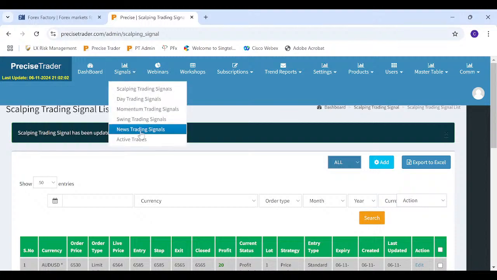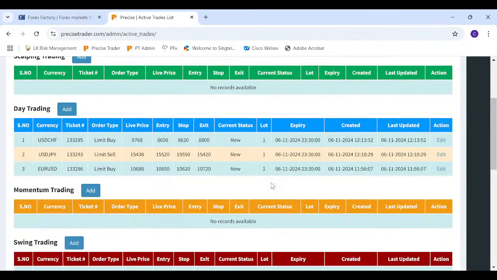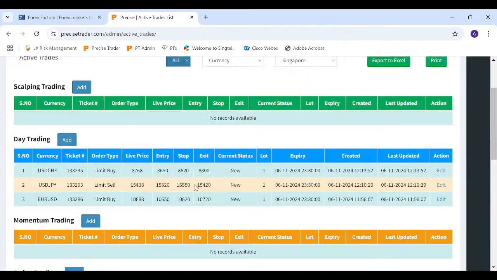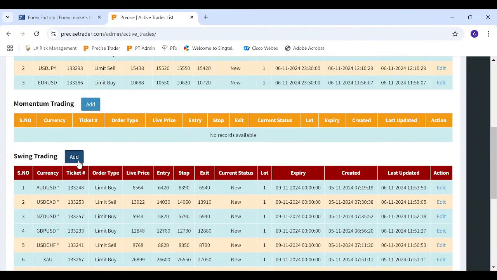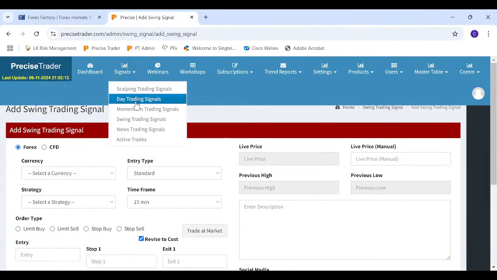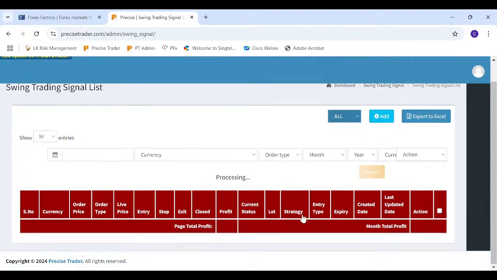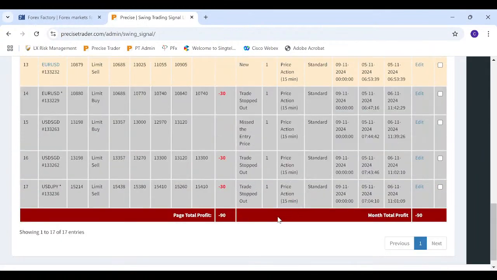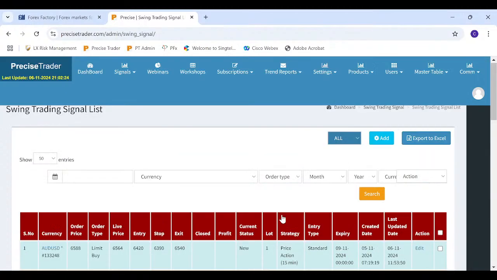As far as the trades are concerned, we had a few stopped out on the swing trading, and then we just did one scalping. That's it. So I think we lost about 70 pips today, and we couldn't capitalize on the move.